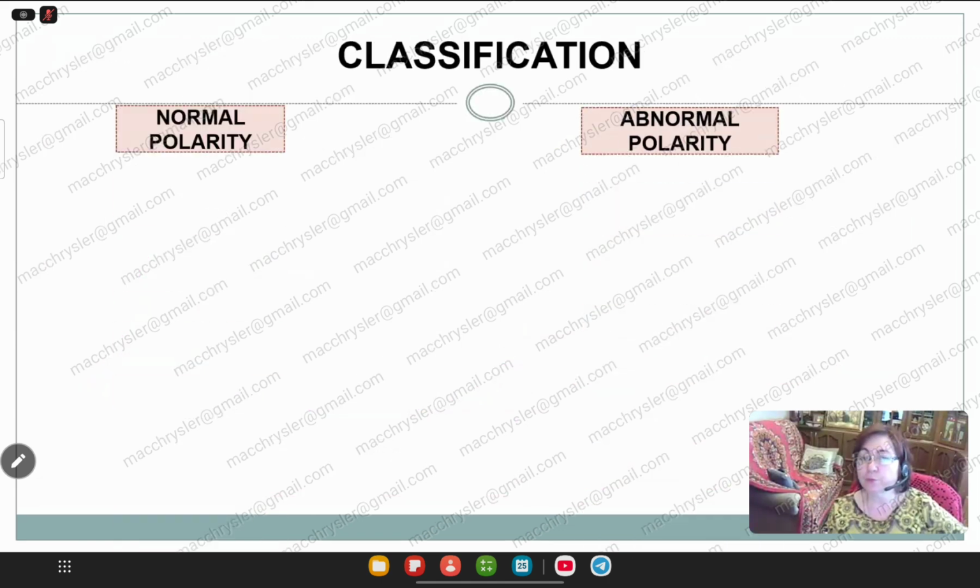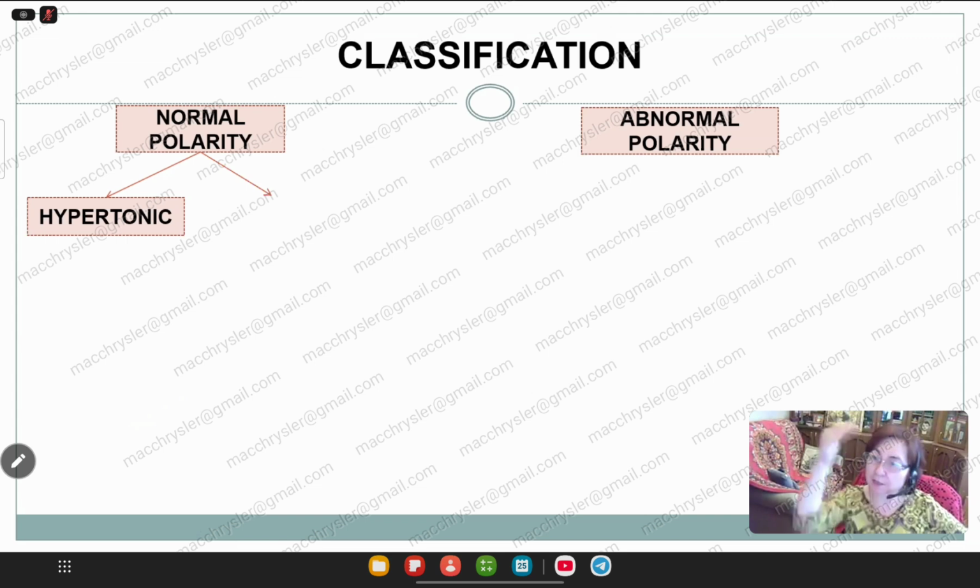For classification, we divide into two main groups: normal polarity and abnormal polarity. With normal polarity, contraction can have big intensity, and we call it hypertonic. The upper segment is contracted longer and stronger, but the intensity of contraction is bigger.